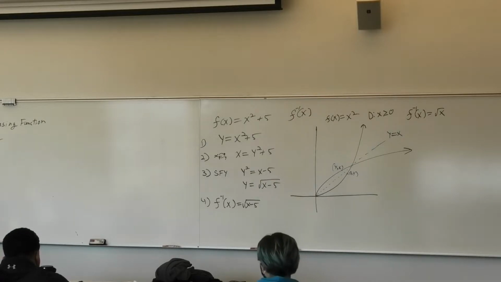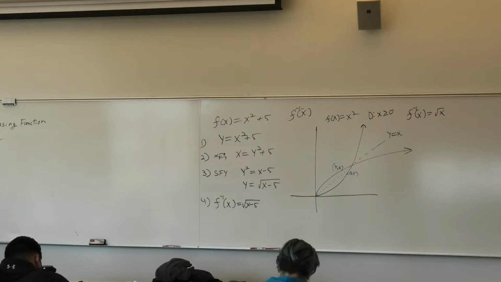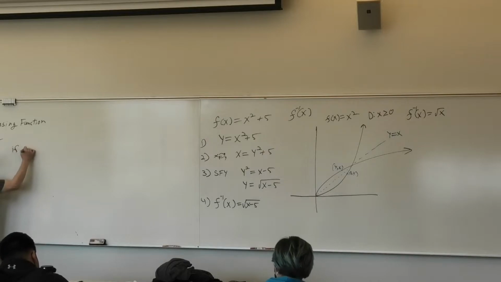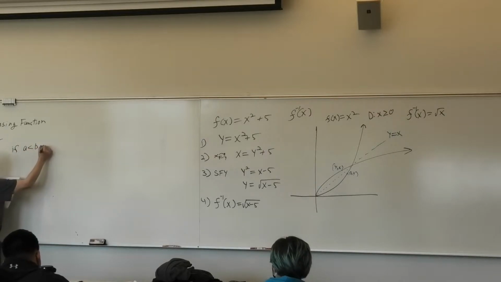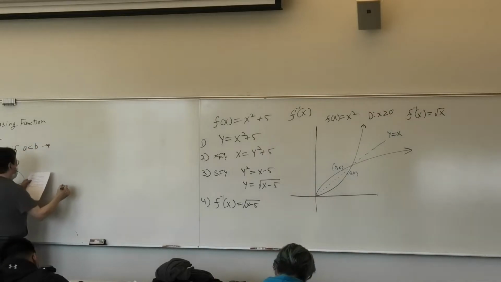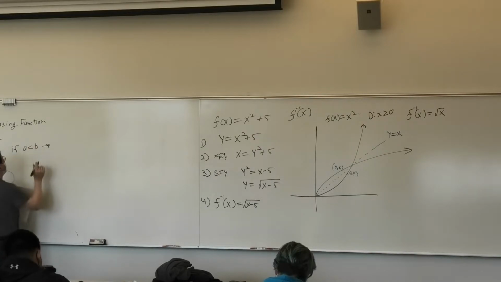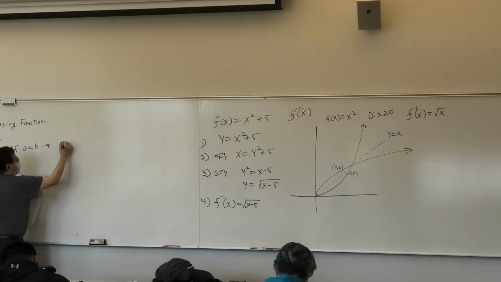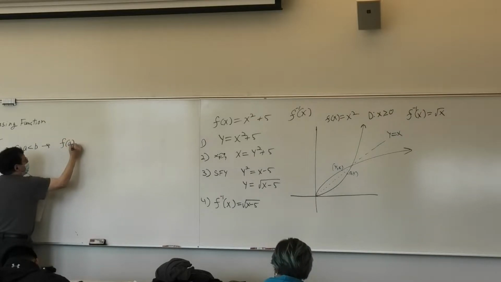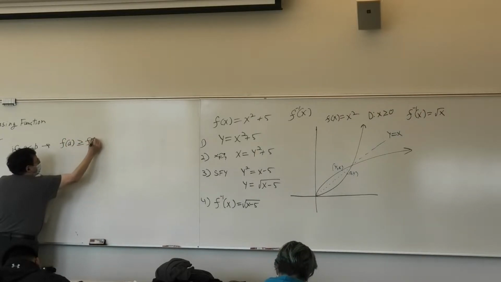And the definition we use for an increasing function is: for all A and B, if A is less than B, then f of A is less than or equal to f of B.